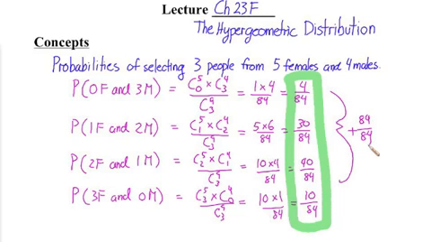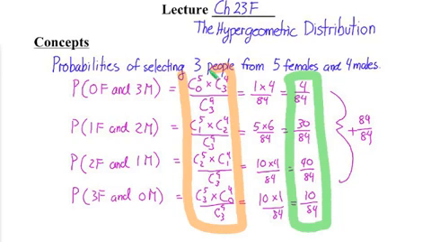So I'm accounting for 100% of the possible outcomes when we're selecting 3 people from a committee of 5 females and 4 males. If we take a look at the expressions for the probabilities of selecting this committee, we see that it follows a pattern.